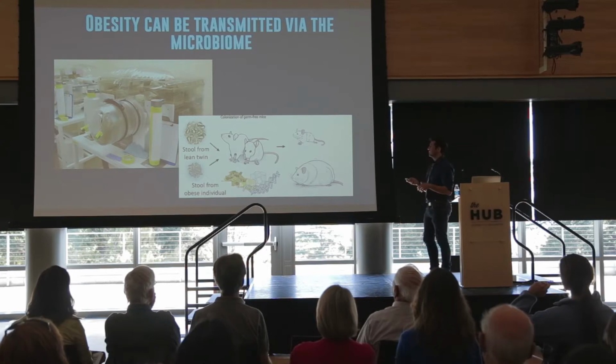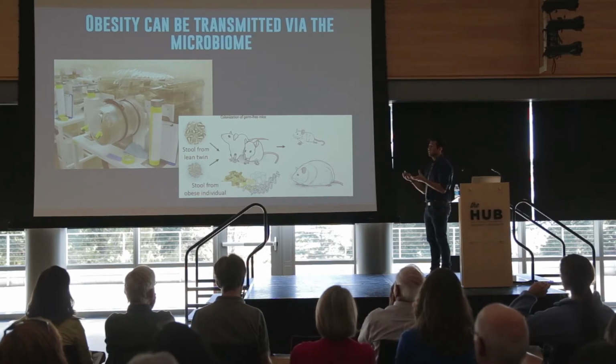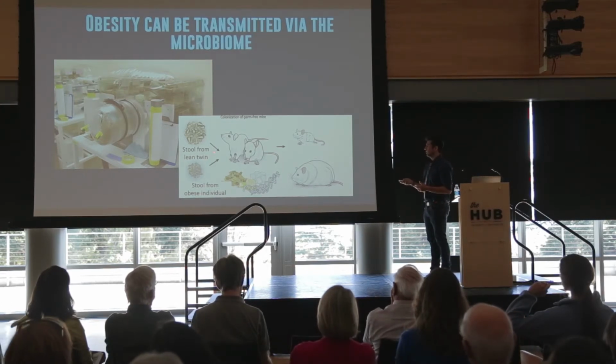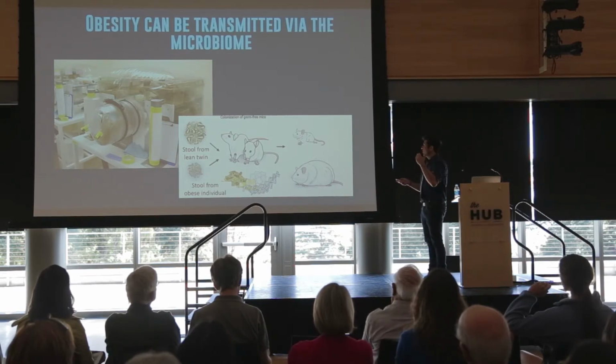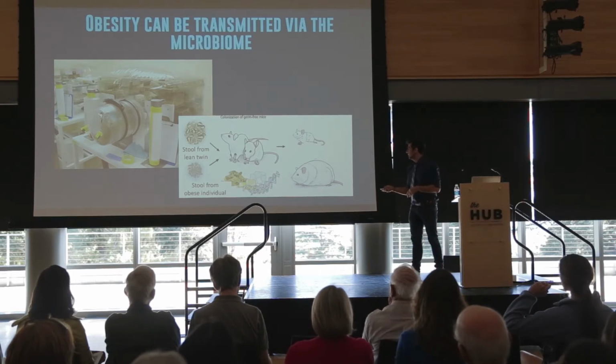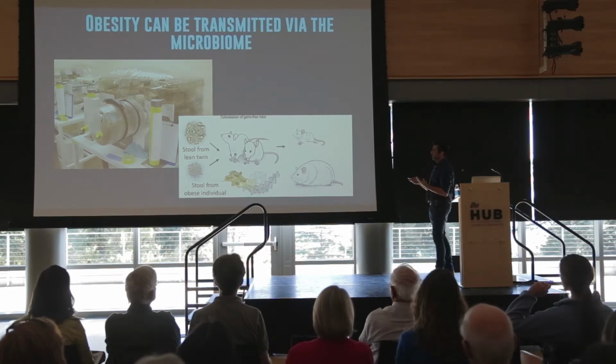In order to test what stool does to our physiology, we give them fecal transplants, where we take the stool from a lean individual and feed it into them. That bacteria gets into the intestine and colonizes the mouse. Then we let it go and see what happens. Or we do stool from an obese individual and see what happens. This is what happened.